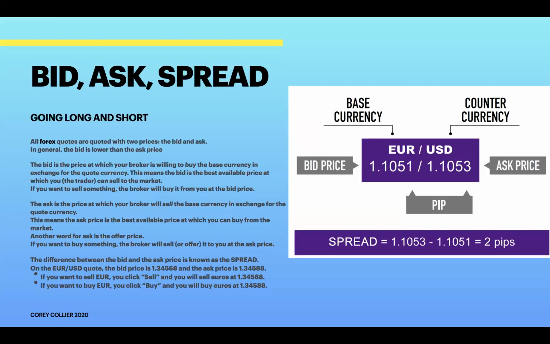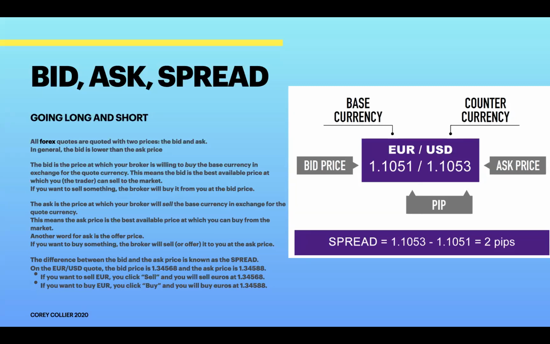All right. Now, the difference between the bid and ask price is what is known as the spread. That's how some of these brokers make their money. Okay. On this picture to the right, the spread is actually 2 pips. That's the difference between the bid and the ask price. All right.